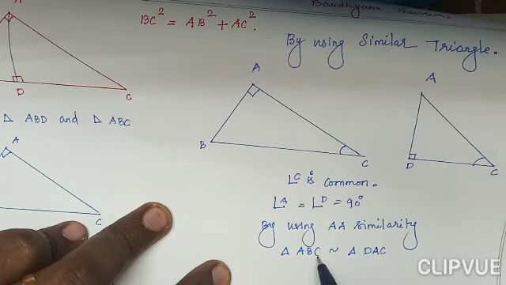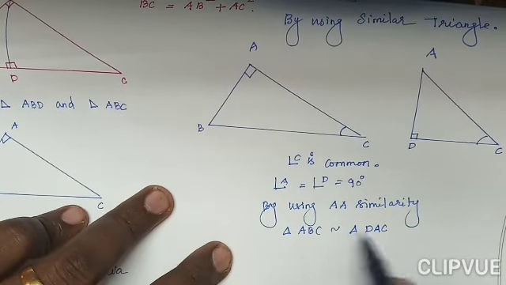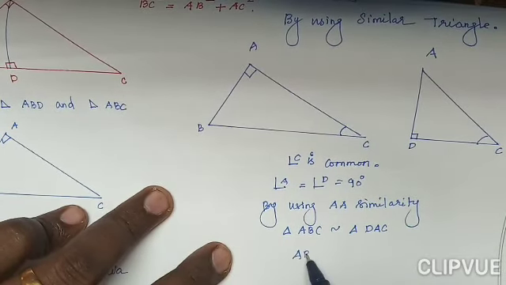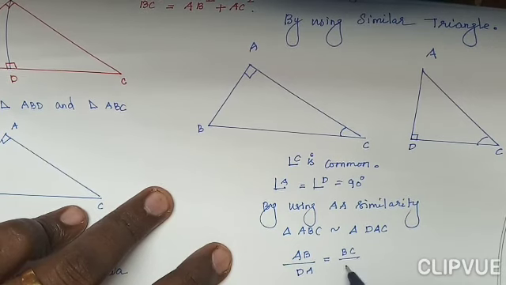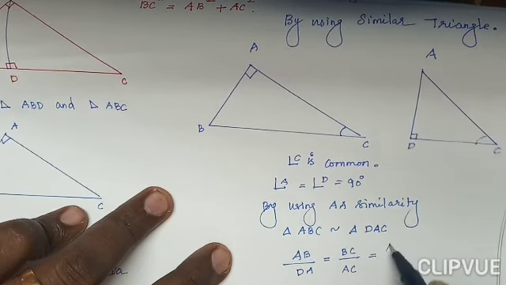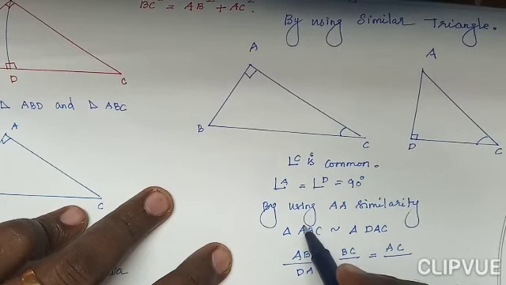Here I have written it at last, so here also. I hope you understand this. So if two triangles are similar, their corresponding sides are proportional. So AB by DA equal to BC by AC is equal to AC by DC.